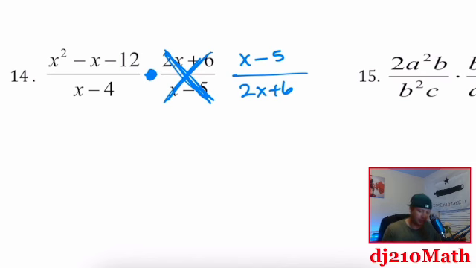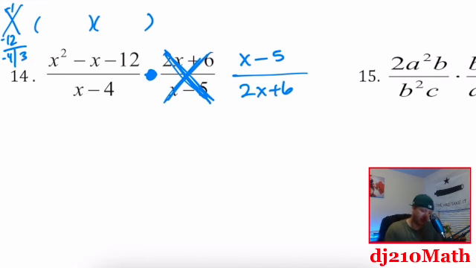So now, can we factor the top left? What two numbers multiply to make negative 12 that add up to negative 1? I need to add up to a 1, so they need to be close to each other, like 3 and 4. So negative 4, 3.